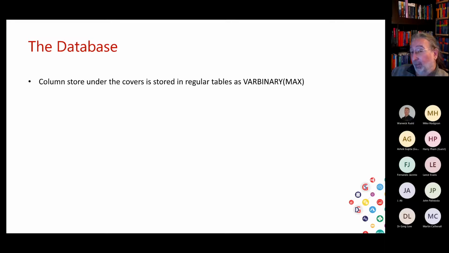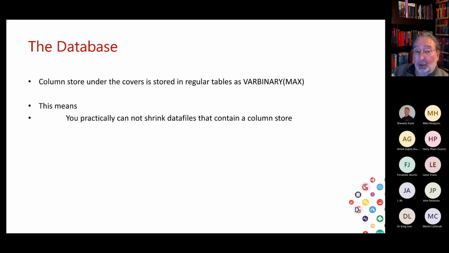So if you have a terabyte table and you want to move 1,000 pages, which is nothing, you have to read a petabyte of the database. You can imagine this is never going to finish. So the big problem is you can practically not shrink data files that contain a column store.